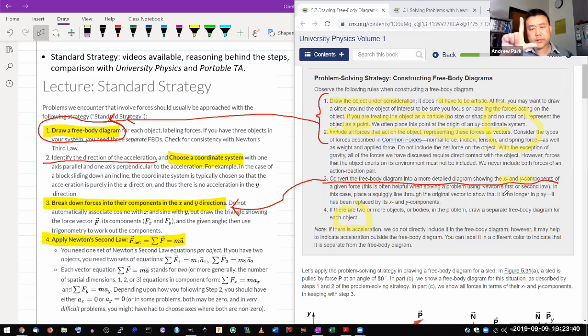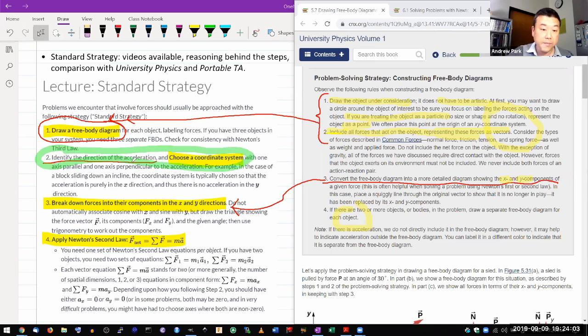But very commonly, especially in this class, you will have situations where it's more convenient to use axes that are tilted. That's the reason we break out step number 2, so that we are encouraging you to give some thought to how you choose your X and Y axis.